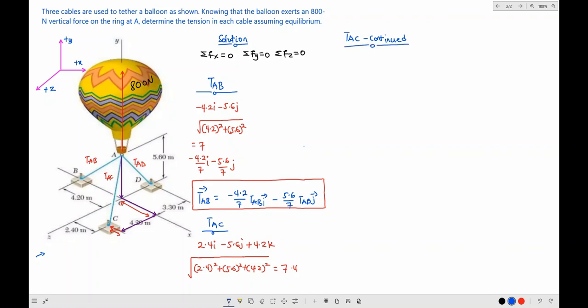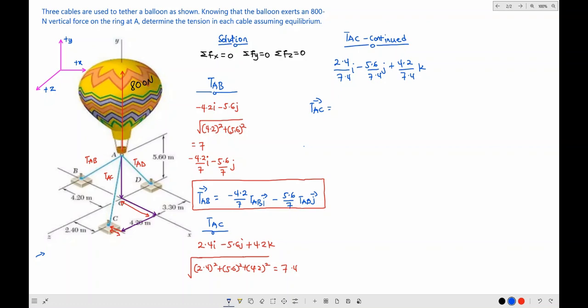Okay, so we are going to have 2.4 divided by 7.4 i, minus 5.6 divided by 7.4 j, plus 4.2 divided by 7.4 k. So to get the actual vector, it will be vector TAC, which has the components of the forces.